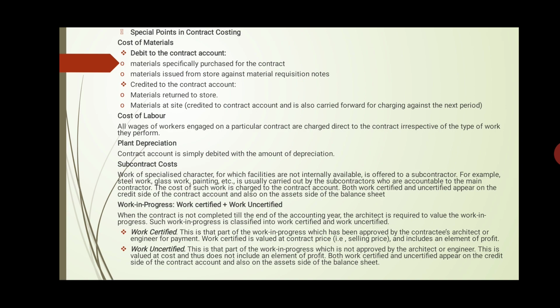Work certified means work in progress which is approved by the architect, and the architect is of the contractee. Work in progress in totality we show on the credit side of the contract account, and in the balance sheet it is shown on the asset side.